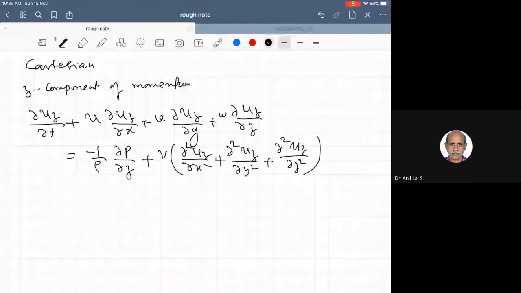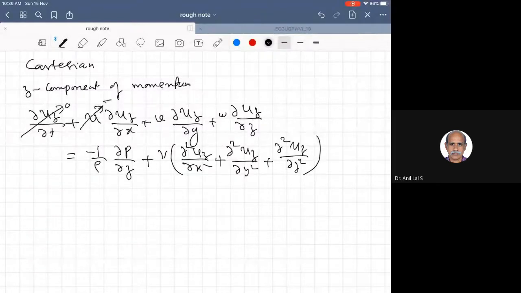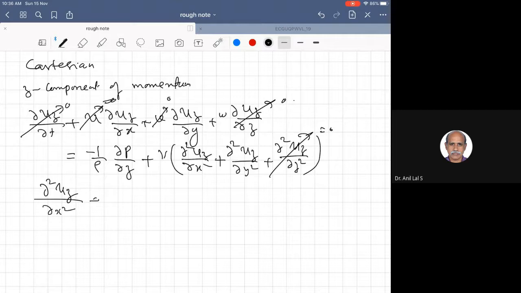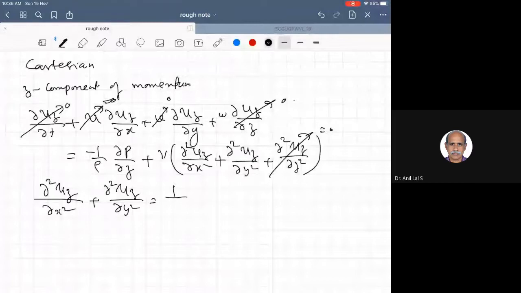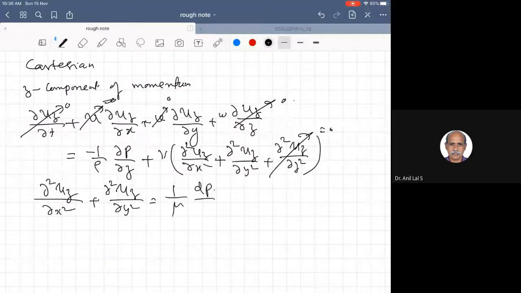The x component of velocity is 0 and the y component of velocity is 0. The flow is developed, because of that this is 0, and this is 0. So for this we get dou squared uz by dou x squared plus dou squared uz by dou y squared is equal to 1 by mu dp by dz.